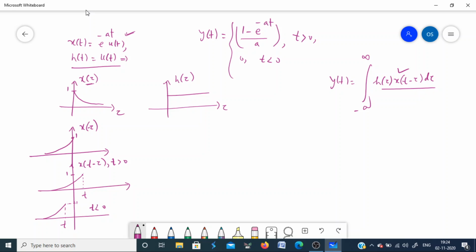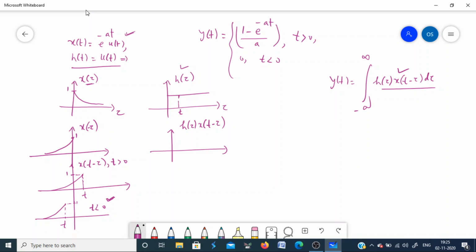Then you have to multiply the two functions, that is, you have to find h of tau into x of t minus tau. If t is less than 0, there is no overlapping region, so your output will be 0. But for t greater than 0, from 0 to t, this much area will overlap.